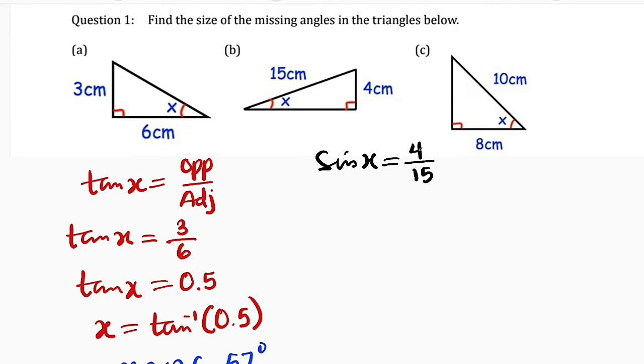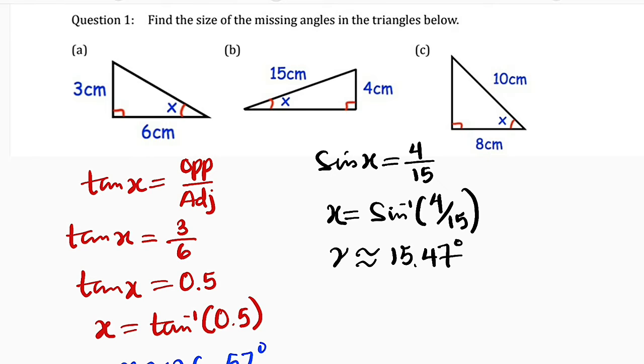If your calculator can take fractions, you can use it. I know my own can. Just take sine inverse of both sides. You have x here equal to sine inverse of 4 divided by 15. And this is approximately equal to 15.47.